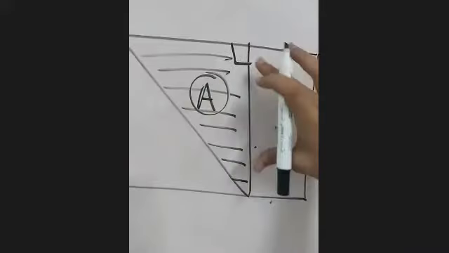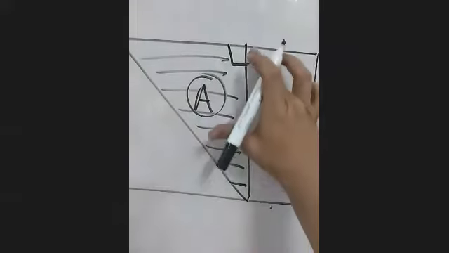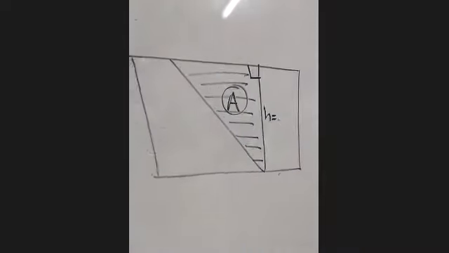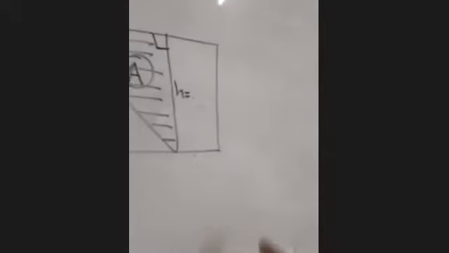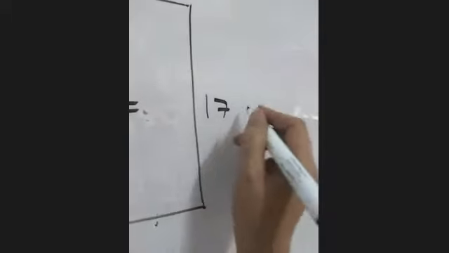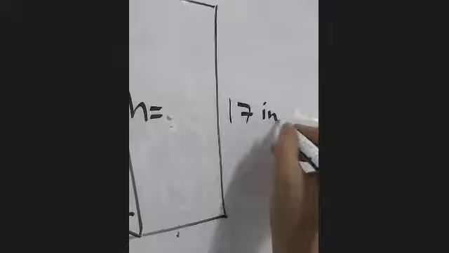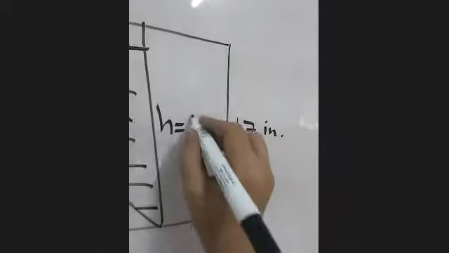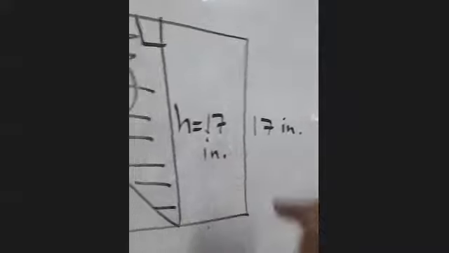They put here a right angle. Means what's this line? What do we call it? The height. How much is the height? Do you know? 17. 17, because here we have what? 17. This equal to this. So the height is how much? 17.